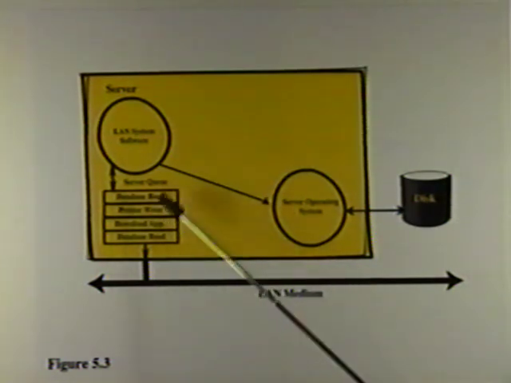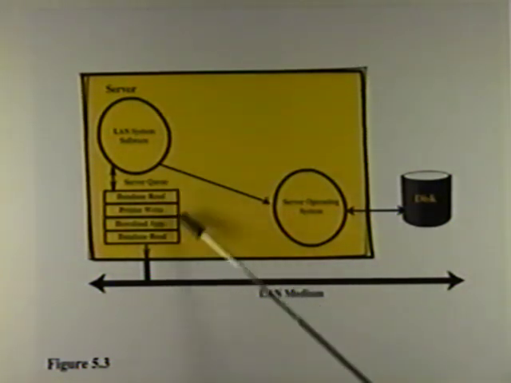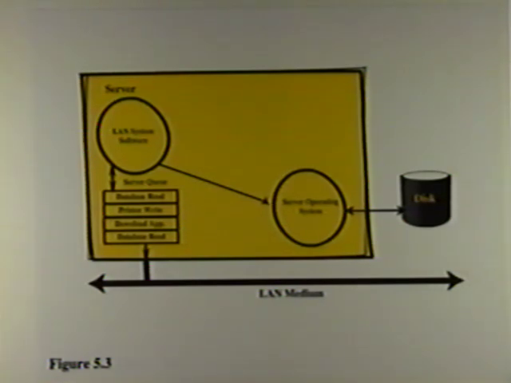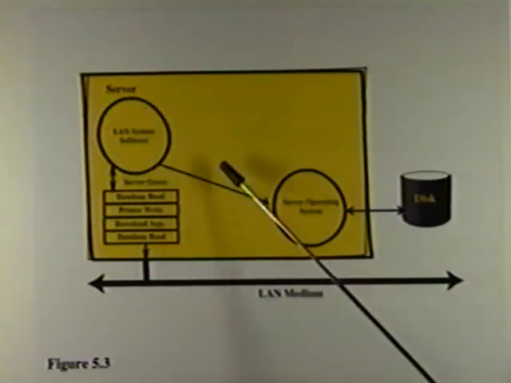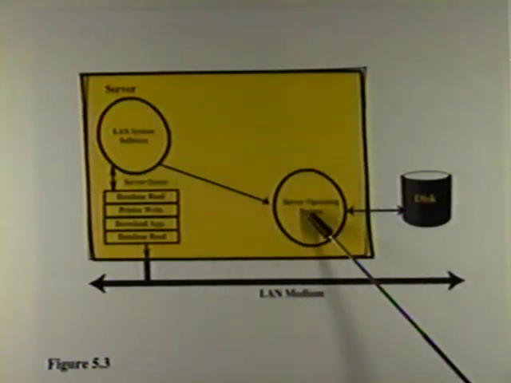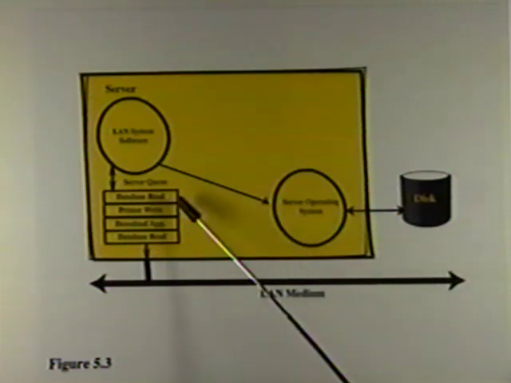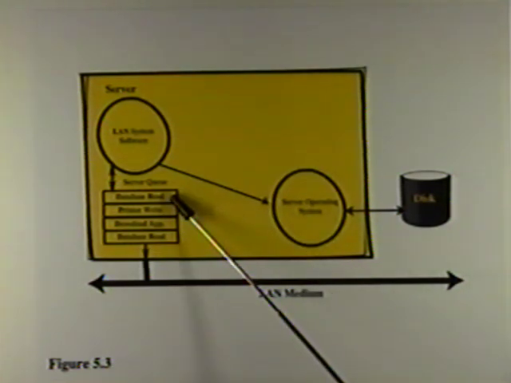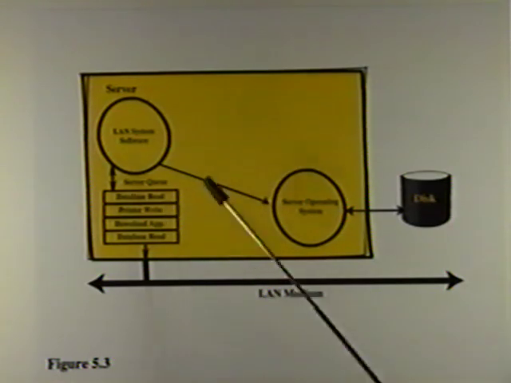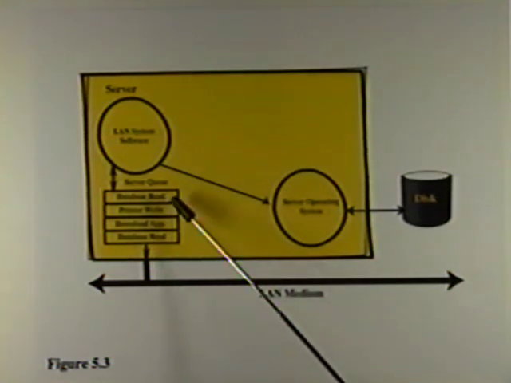Now, for this first example here, a database read, what's going to happen here is that the operating system is going to go to the cache, and it's going to see if this database read is actually located in the cache. And hopefully you remember what the cache is, because we covered that in Module 2.